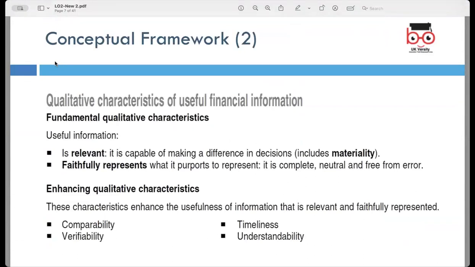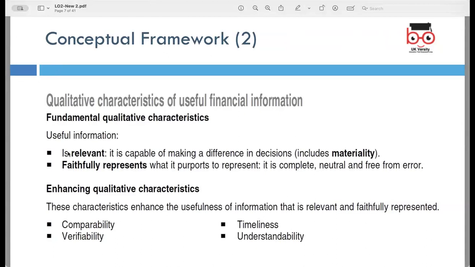So, the conceptual framework: qualitative characteristics of useful financial information, fundamental qualitative characteristics, and enhancing qualitative characteristics. Fundamental qualitative characteristics.